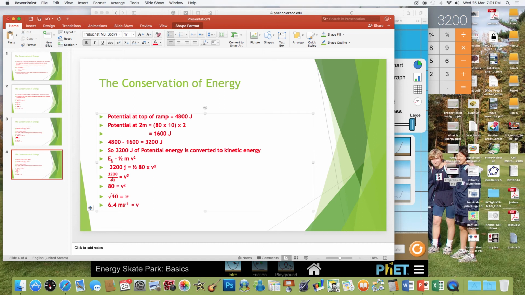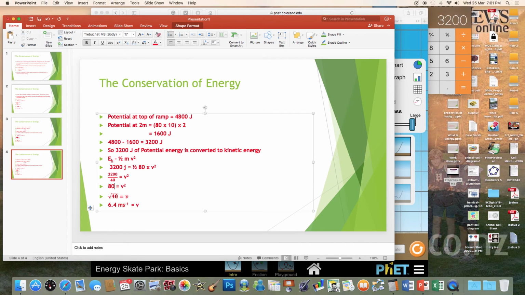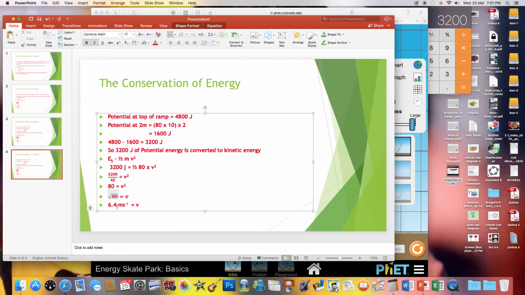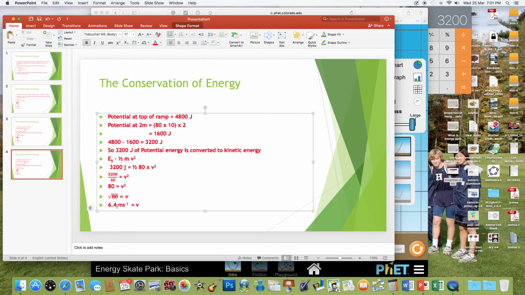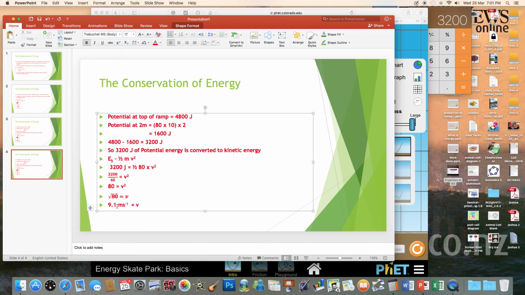Because cut the zeros off, that'll be 4 goes into 32, 8, so that'll be 80, that'll be the square root of 80. And the square root of 80, 8 eighths is 64, and it's not quite 9, because 9 nines would be 81, so there will be 9.1 meters per second.